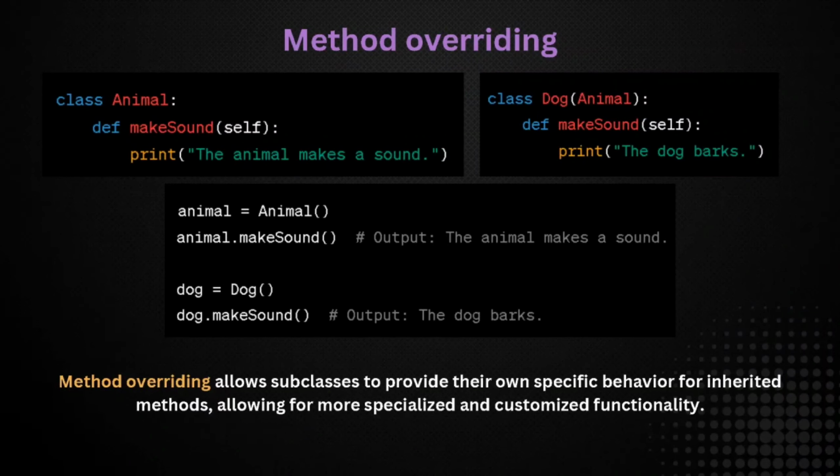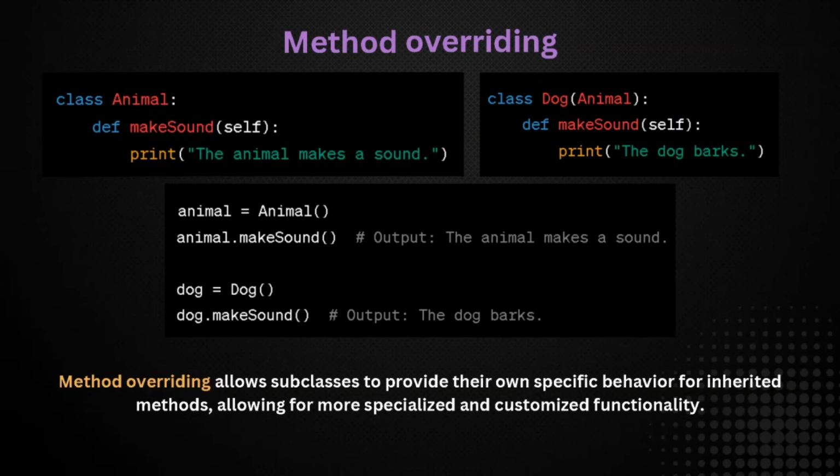But when I'm creating an object of the Dog class and calling that same method make sound, I'm getting a different output, and this time I'm getting the dog barks. So basically, method overriding allows subclasses to provide their own specific behavior for an inherited method, allowing for more specialized and customized functionality.